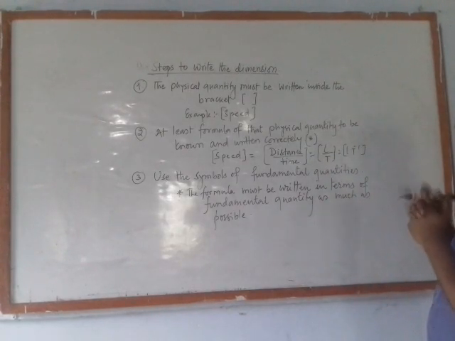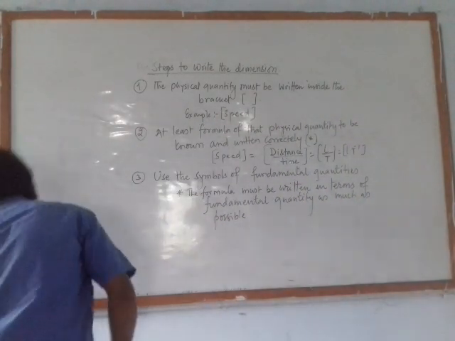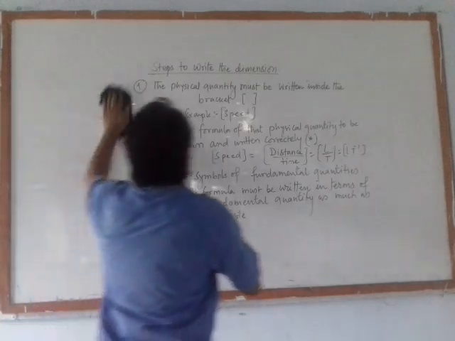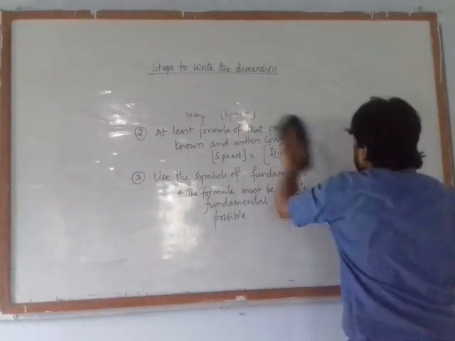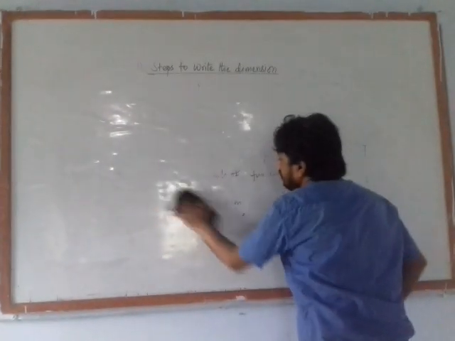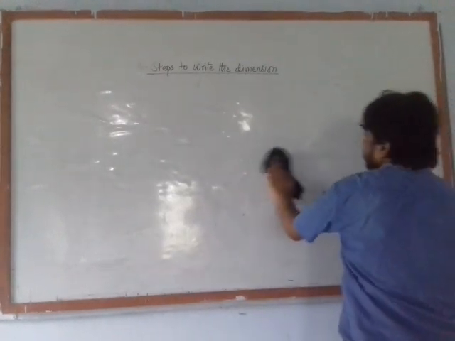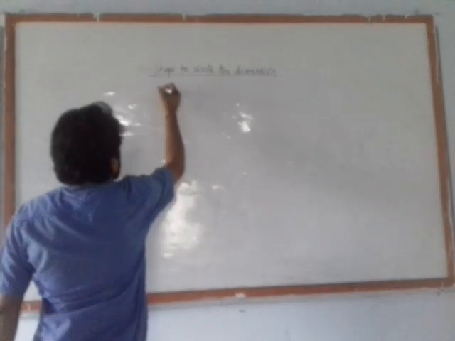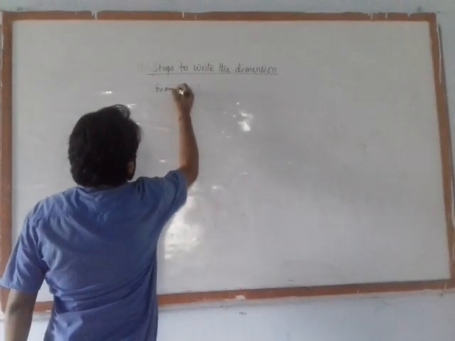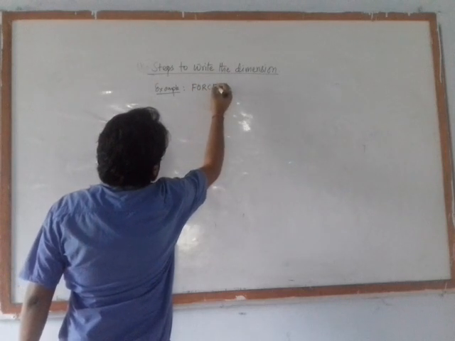With the help of these three steps, I'll give you two more examples here. So let us see another example. Suppose I am writing for force. Next example is force.